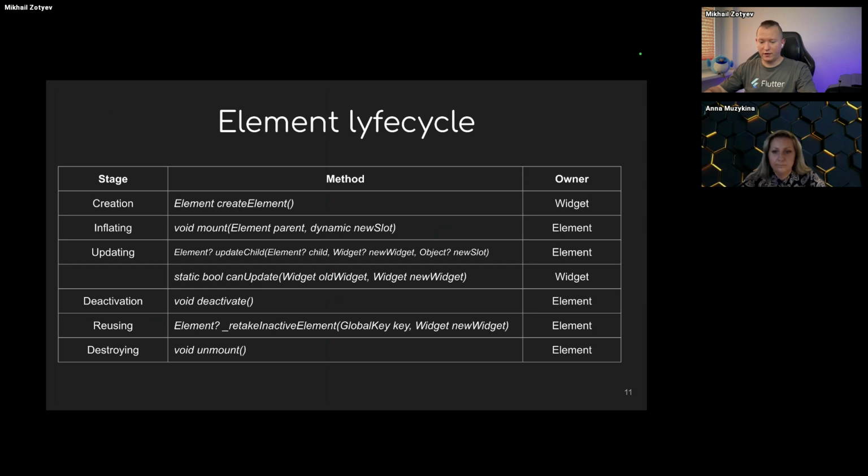So if we decide that this part of the subtree should be updated, removing the old thing which we already used, then for that removed part, deactivation is called. Why is it not destroyed immediately? For possible reuse of that part in a different place.